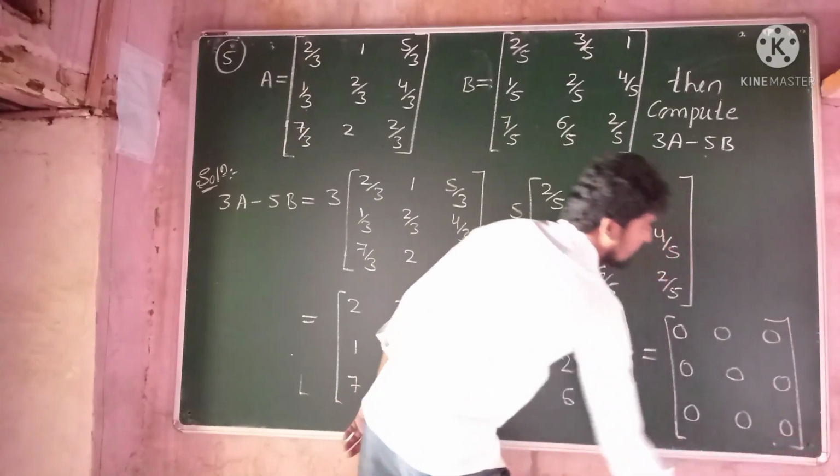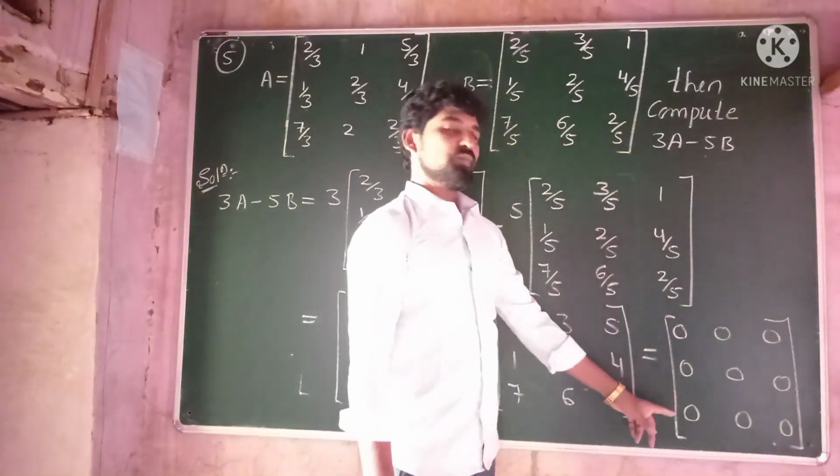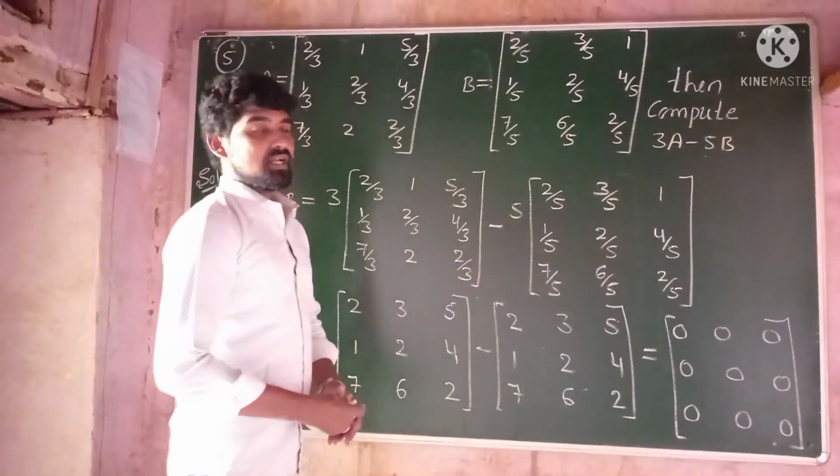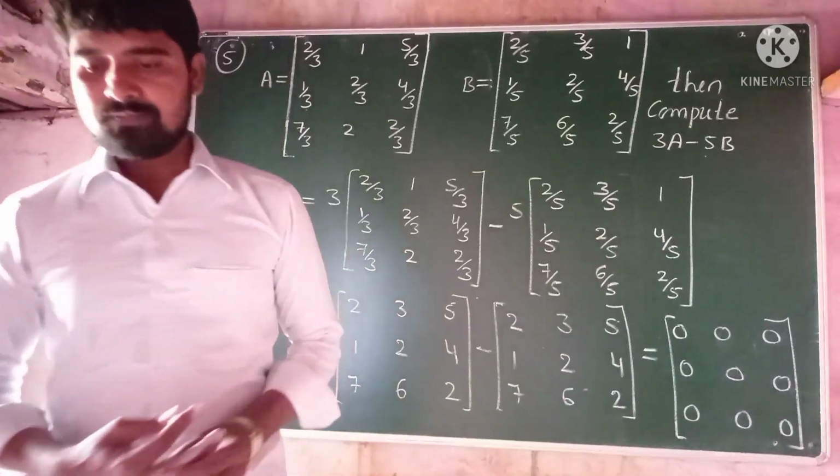And this is the required 3A minus 5B matrix, which is the zero matrix. I hope all of you understood. If possible, take a note.